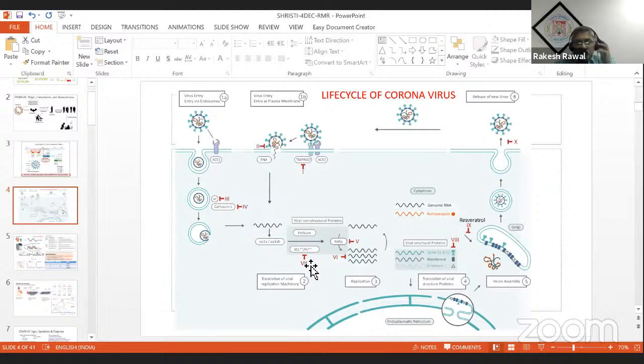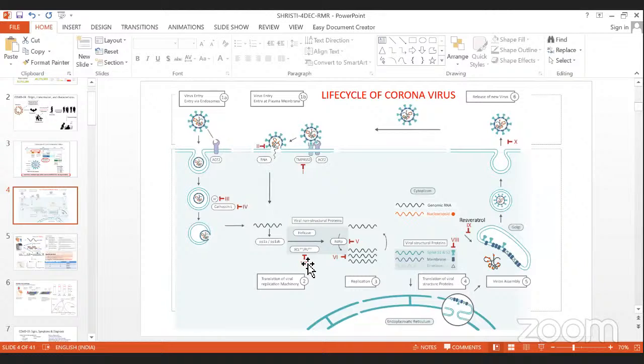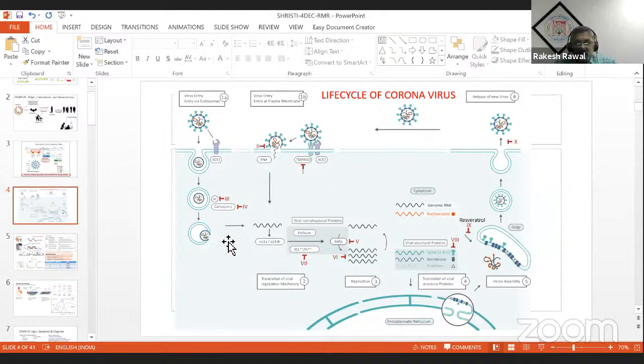So as I told, all these red blocking signs, these are the points where we can intervene, right? If the viral RNA is entering into a replicative cycle, then there are intermediate enzymes which are involved in that. So if we don't wish to allow it to replicate further, we need to target those enzymes which are involved in its replication.